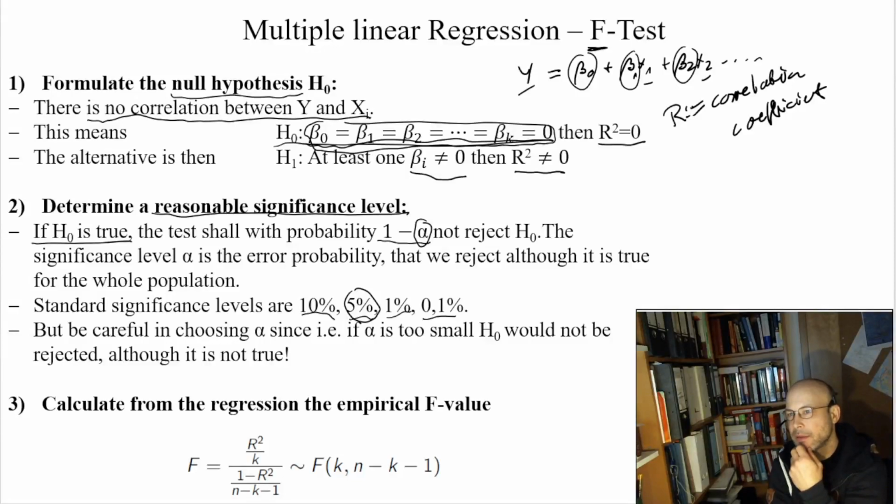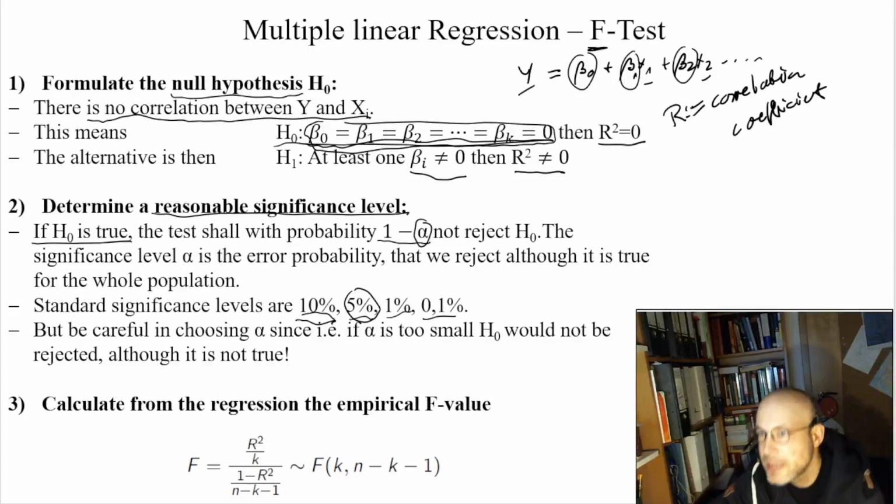When you look at some data, you have always to choose, when you pose a question, a good significance level. And also, we cannot say that there is some right significance level. We can only say, well, in my question, I can argue that it is reasonable to test on a level of 10%, or it is reasonable that I test on a level of 1%.